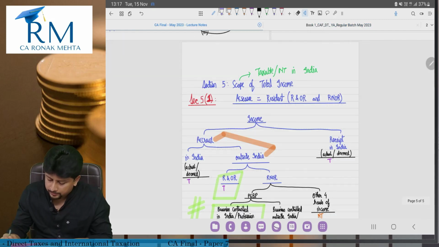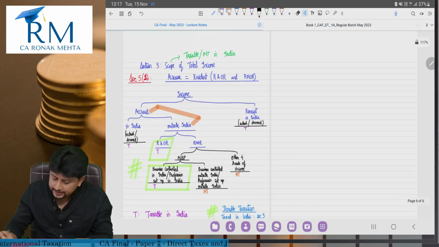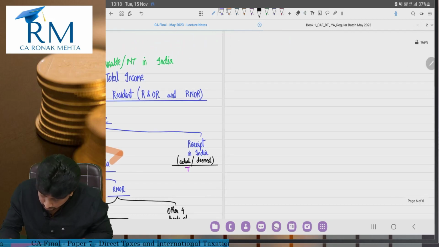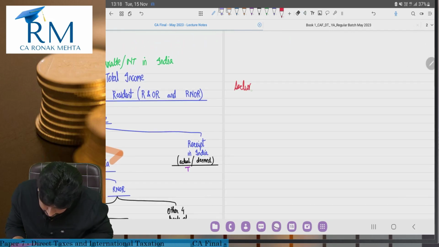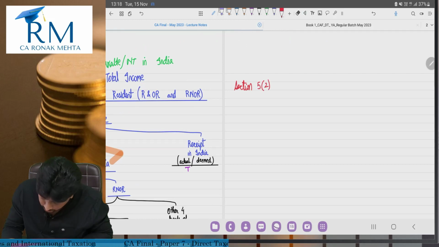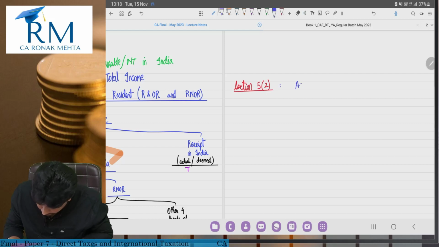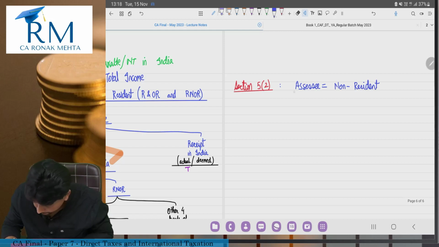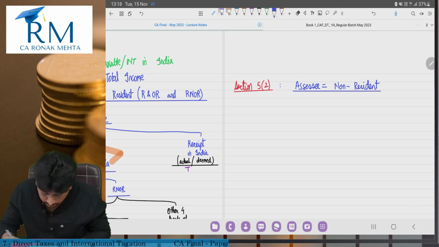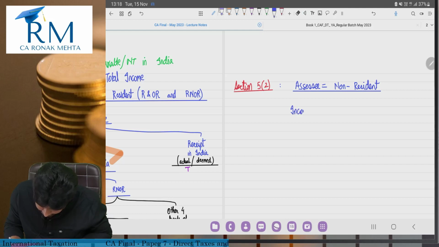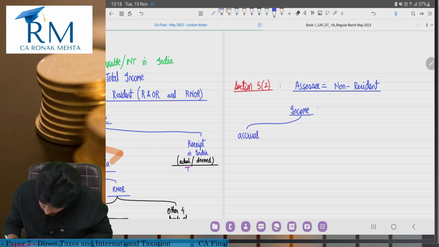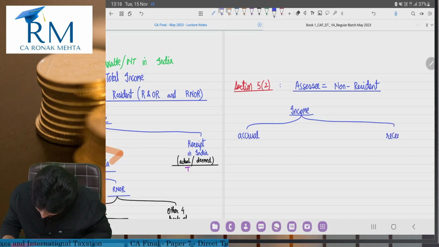That means, if you are a non-resident, when I am talking about Section 5, subsection 2, who is my assessee? My assessee here is a non-resident of India. And if I try to draw the same type of chart, the one that I just drew for 5 subsection 1, I'll say income, accrual, receipt.